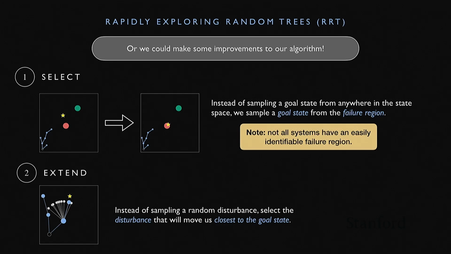So for the disturbance, are we always selecting disturbances where we measure a distance to the goal state and we literally just go there? For this particular case, yeah. Really, our goal is to pick the disturbance that would get us closest to the goal state of all possible disturbances we could choose from.